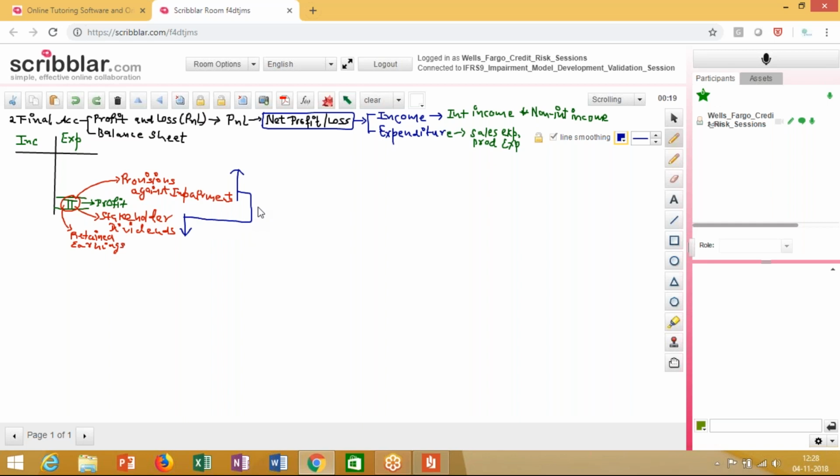Now, this is a growth versus sustainability issue.